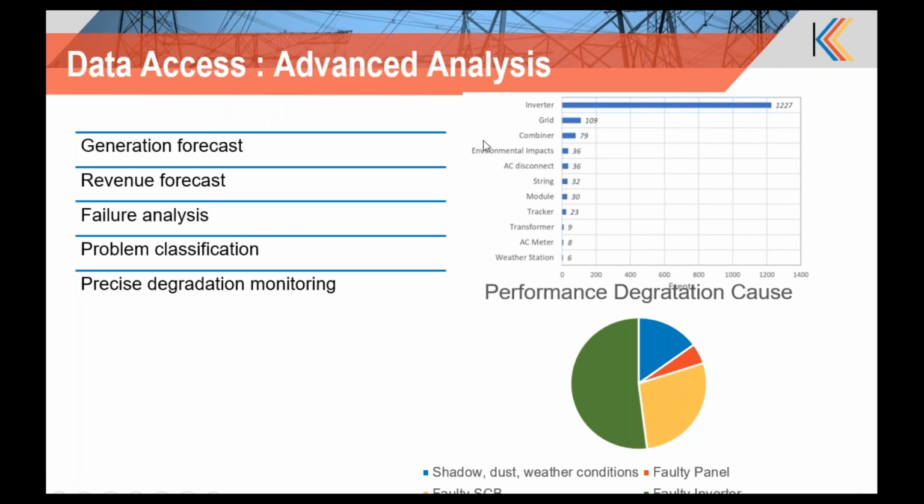So these advanced data analytics functions can be used by the operators, system integrators or the maintenance team to go through this data and take the corrective actions required. So these are purely customized.